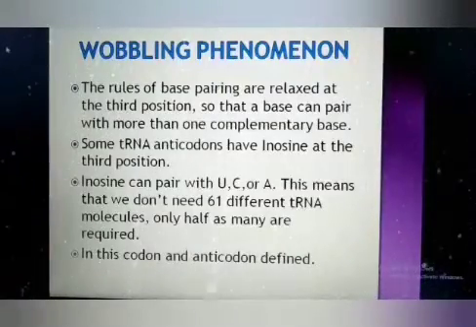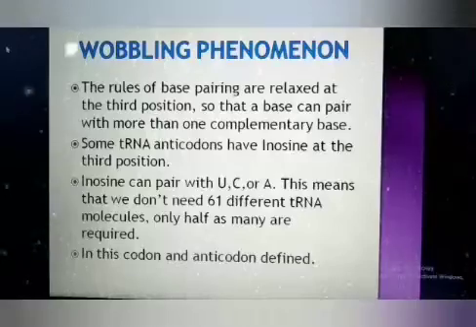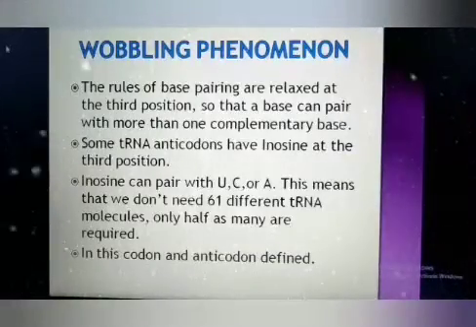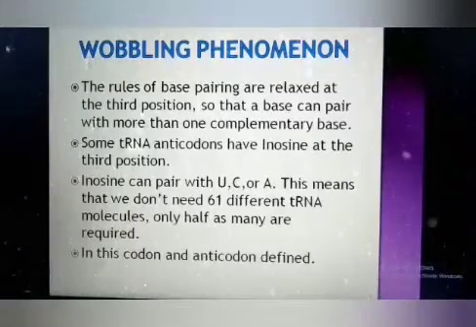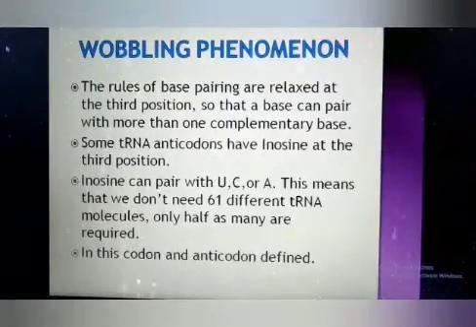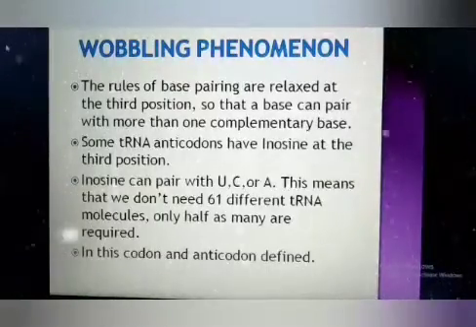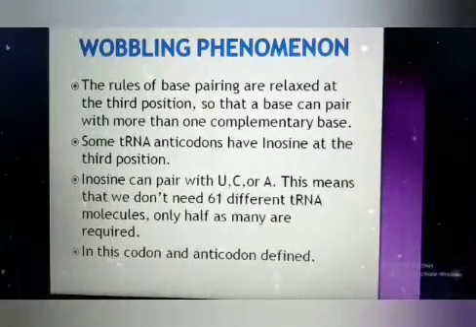Inosine can pair with U, C or A. This means that we don't need 61 different tRNA molecules. Only half as many are required. Here codon and anticodon are defined.